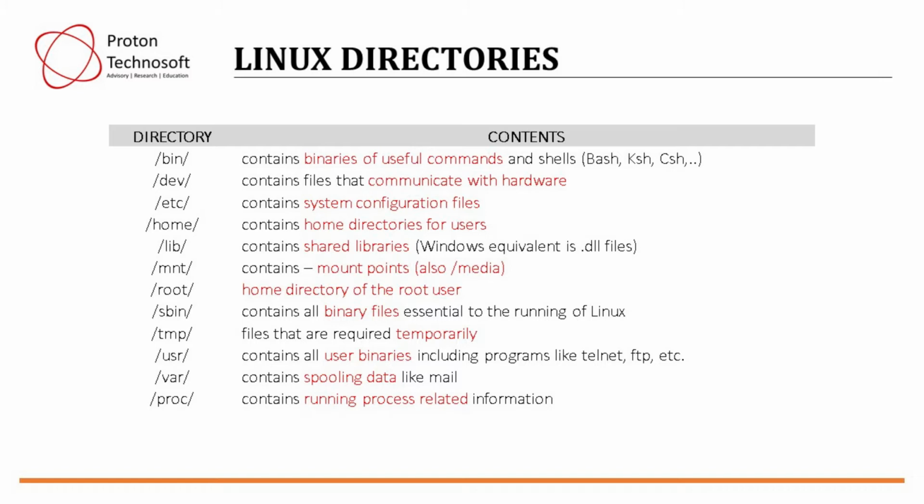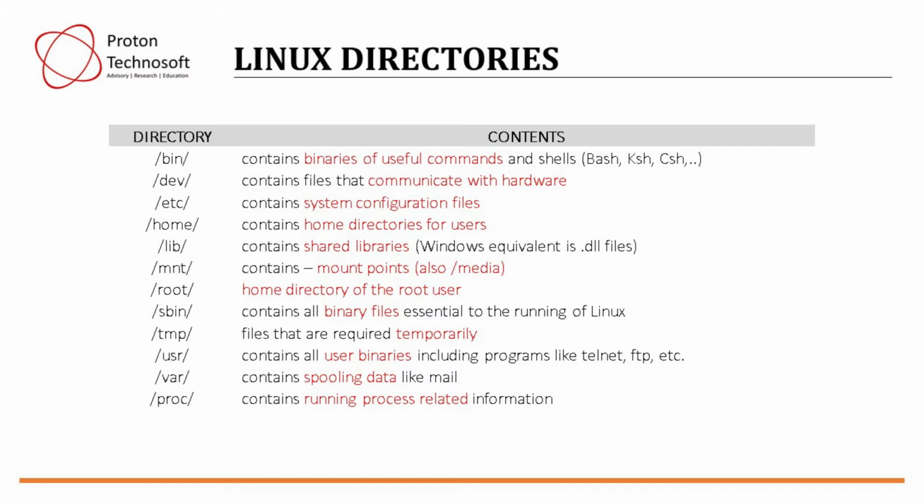Then we have the lib directory, which relates to the shared libraries that we have on this machine. In Windows, we have .dlls as the dynamic linking libraries. Here we have a lib folder where all the shared libraries are stored. Then we have the mnt or /media directory, where we have the mount points.